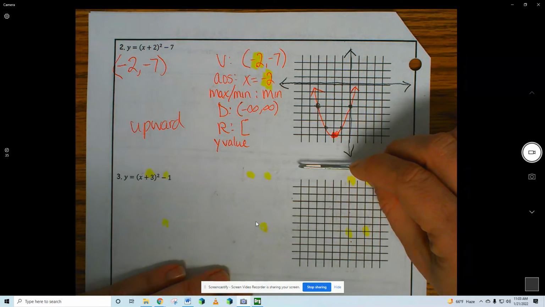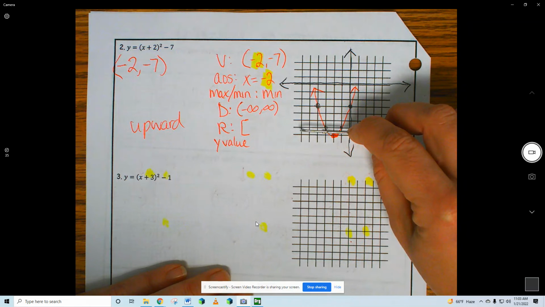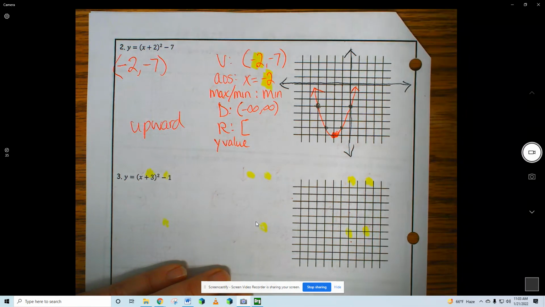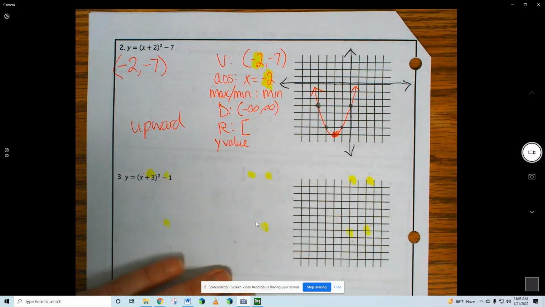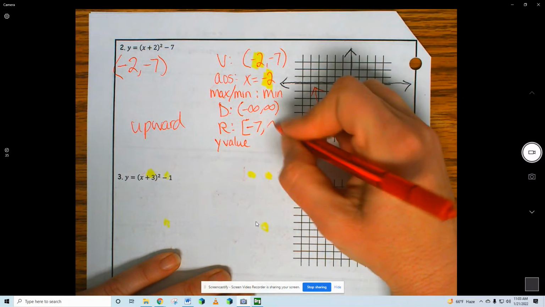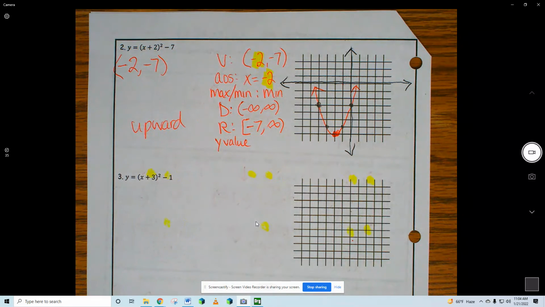It starts at -7. -6, -5, -4. Up to positive infinity. Low to high. It touches -7, and then it goes to infinity, and infinity always has parentheses. So we're really putting everything together today. Everything we've learned in the past 2 weeks is like combo day.